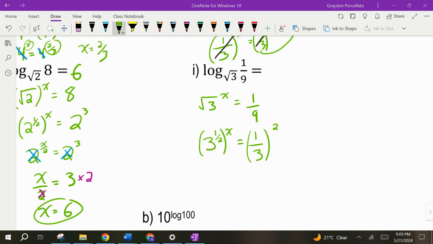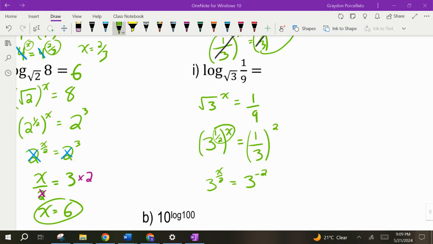Now I'm close. I'm going to go 3 to the x over 2. So I combine these using multiplication. Equals, and I want this to be base 3, not base a third. So how do I flip my fraction? I make my exponent negative. So making my exponent negative flips my fraction.